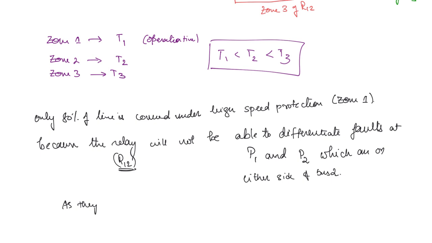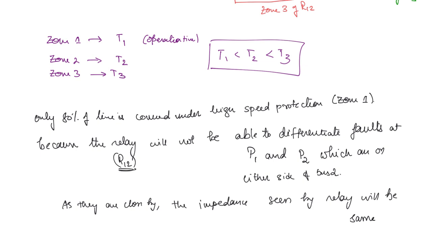As they are close by, the impedance seen by the relay will be the same. Okay, so this is some basic understanding of the distance protection scheme.